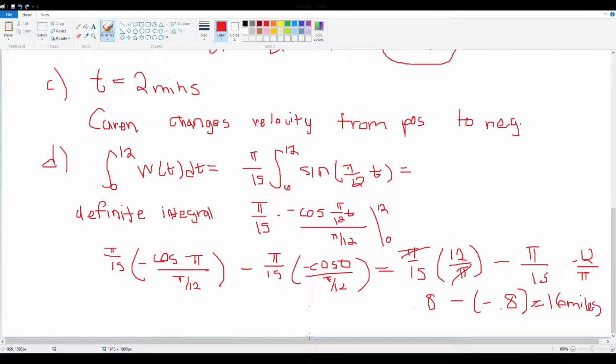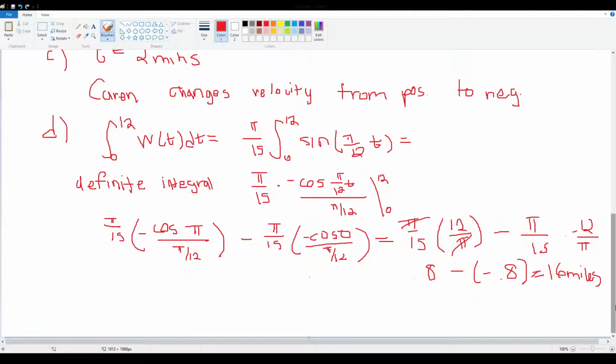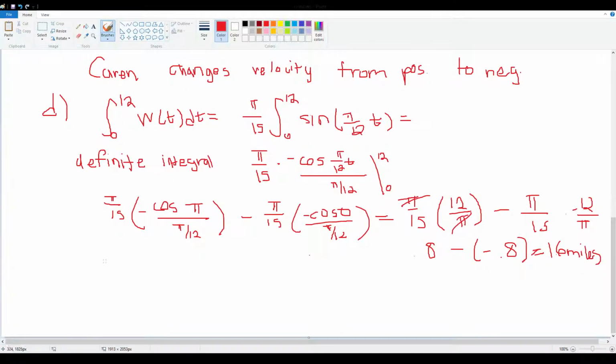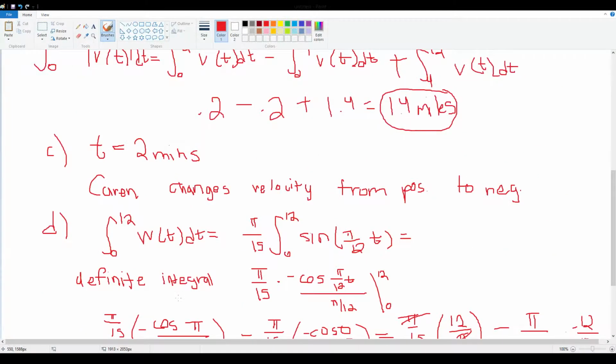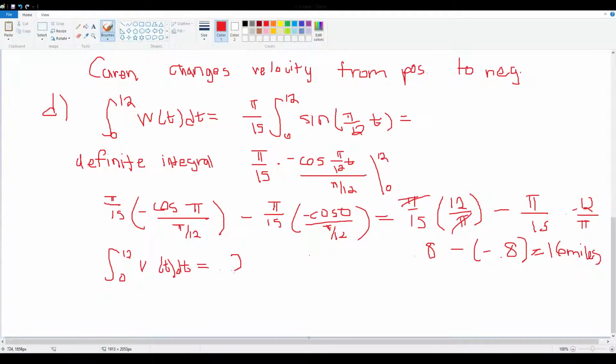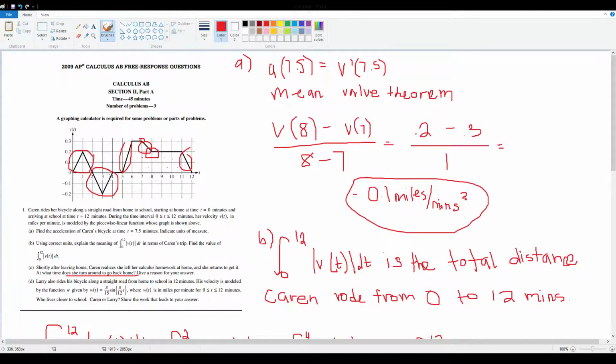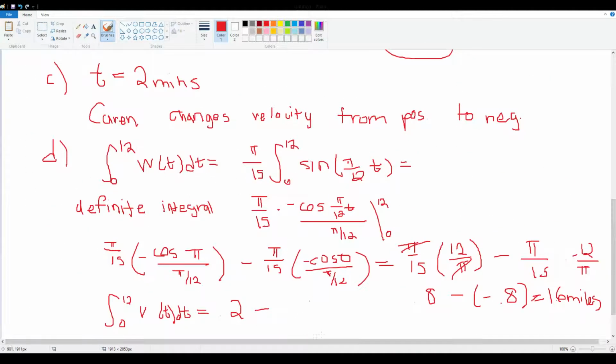So that's how far Larry's distance is from the school. And then we're going to find Karen's. So that's the integral from 0 to 12 of v of t dt, and you can find that by looking at the graph. So you have 0.2, and then you're going to subtract 0.2 because this is negative.